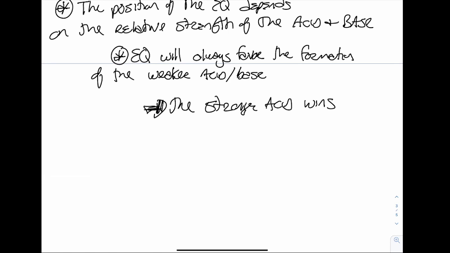So an example, using the two acids that I gave us in the last example. I'm going to take this acid and I'm going to react it with this base.